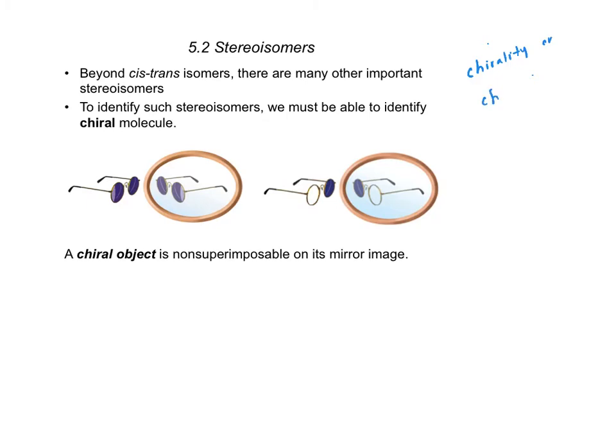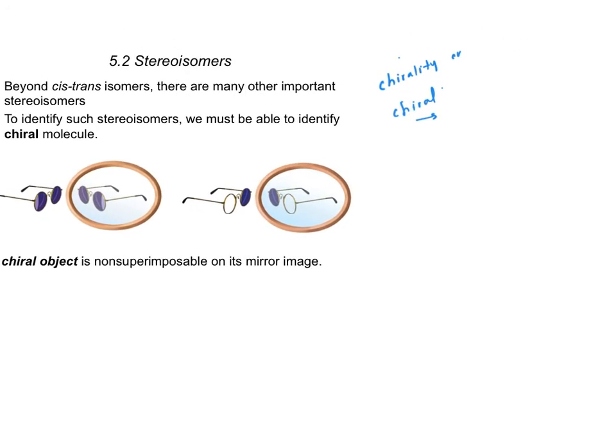When I say something is chiral, I want to note how to pronounce it, right? I know it looks like CHI, and you probably want to say chiral, but it's not. The CHI comes from the Greek letter chi, and so you would pronounce this chiral, okay, or chirality.